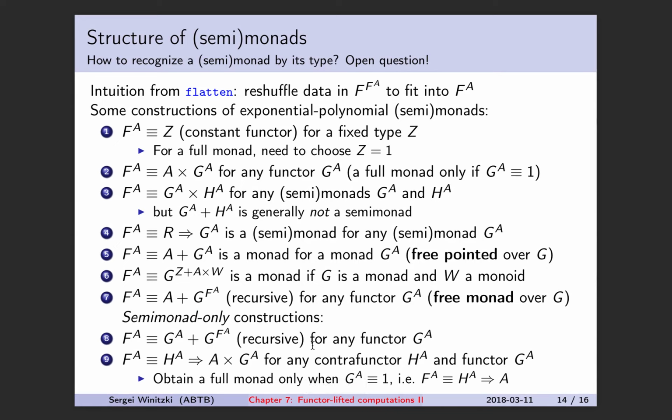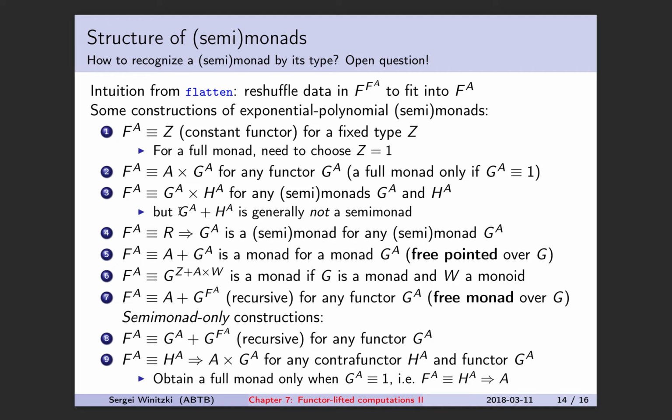So the next construction is, oh, I haven't shown this. This is generally not a semi-monad, even if G and H are semi-monads. And the reason is, remember how we discarded the cross terms, the G of H and H of G. Now, you cannot do that with a disjunction. You can do that with a product, but not with a sum.